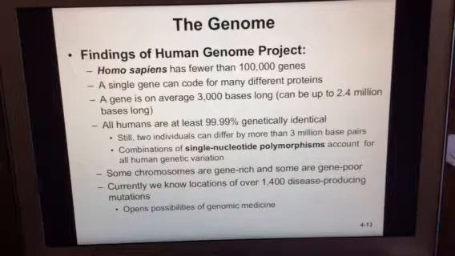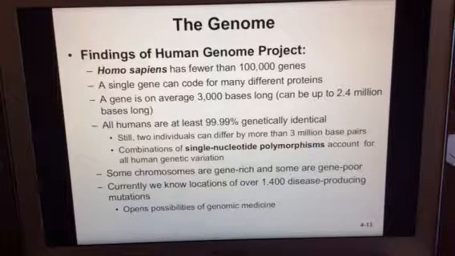The findings of that Human Genome Project figured out that Homo sapiens has fewer than 100,000 genes, and that one gene can code for lots of different proteins. It used to be thought that one gene is for one protein, but that was disproven. And then we figured out a little bit more information about how the size of a gene can be about 3,000 bases long, or up to 2.4 million.